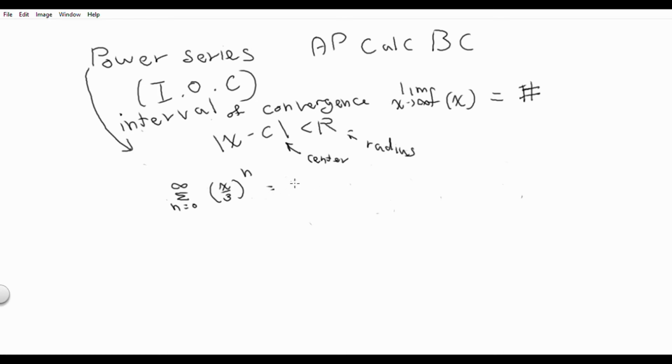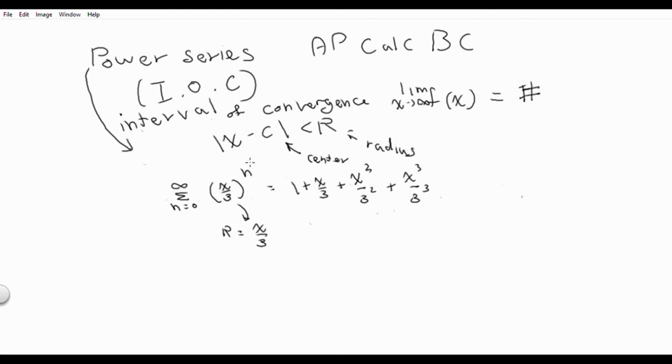So it's 1 plus x over 3 plus x squared over 3 squared plus x cubed over 3 cubed. What we know about this is that there's a common ratio between all of these, and r, which is the ratio, is x over 3. That's what we know.